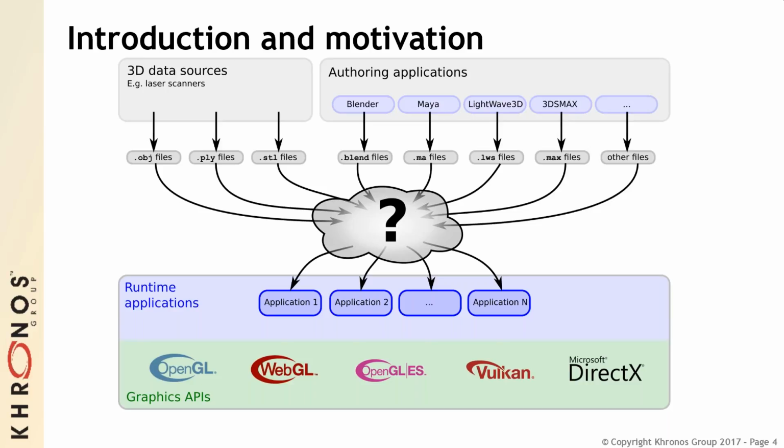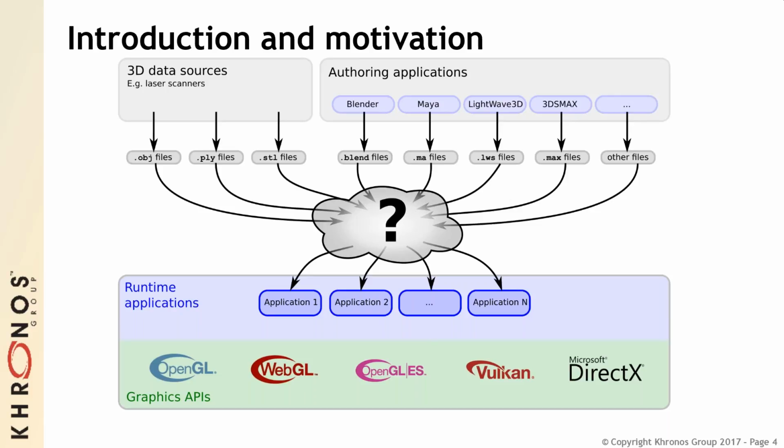And on the bottom, you can see different runtime applications that are supposed to show 3D assets, 3D data, and these applications are built on different graphics APIs. There's, on the one hand, the family of GL APIs, OpenGL, WebGL, and OpenGL ES, but also Vulkan or DirectX. And now the big question mark is, how are these 3D assets brought to the applications?